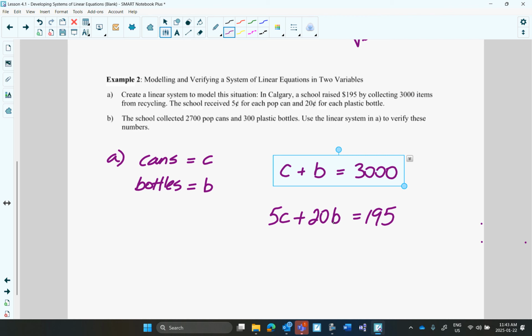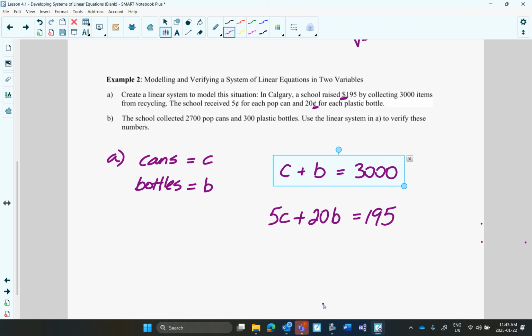What's wrong with this? They're not the same units. This is cents. This is dollars. So this equation is not quite right.